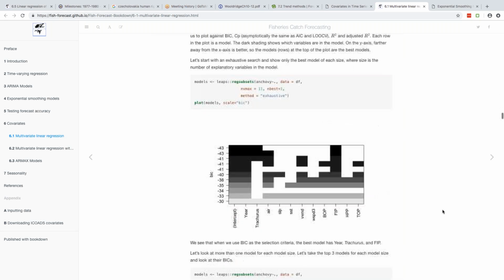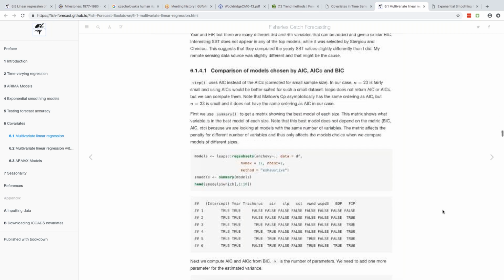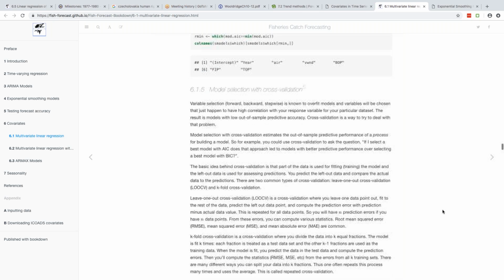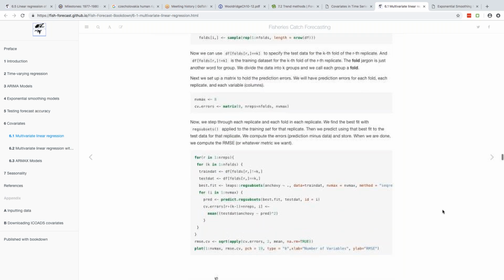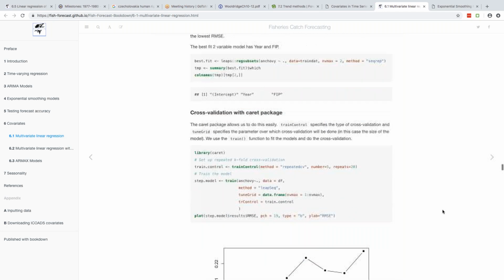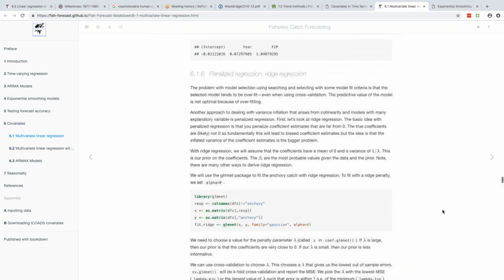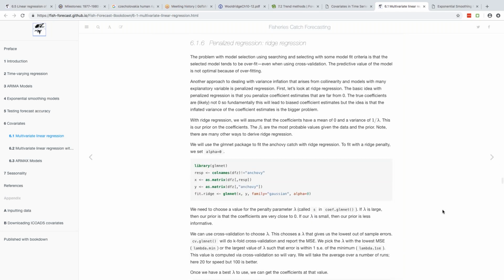Okay, so if you're interested in that, you can read all about that, but I want to briefly tell you one approach that people use instead of doing stepwise linear regression. Instead, they do penalized regression. So in a penalized regression, you include all the variables.